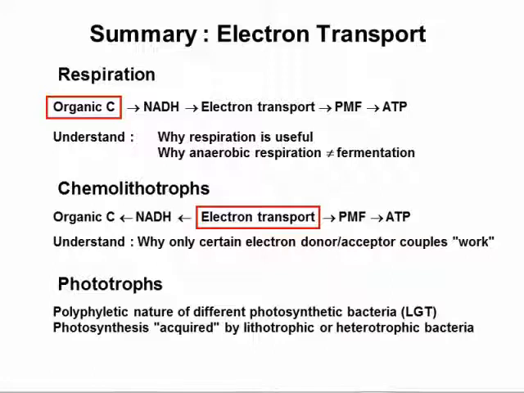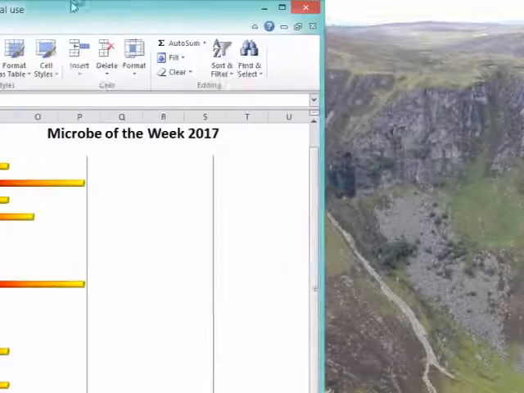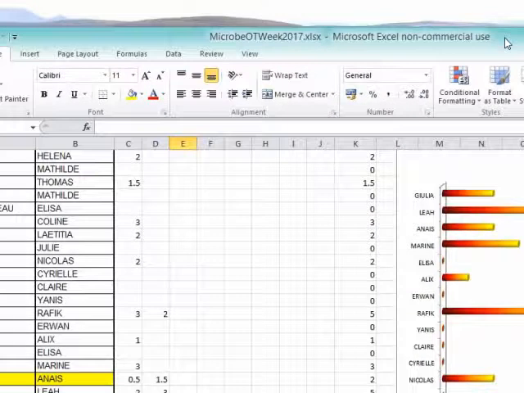Just before I leave you and let you go away, I'll give you the scores for Microbe of the Week so far. The participation has been, let's say, patchy up to now. So, okay, here are the scores.